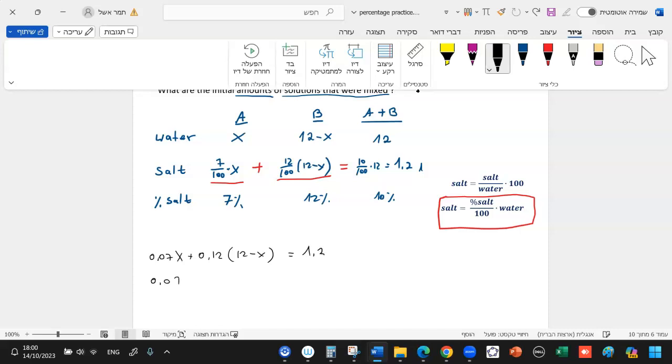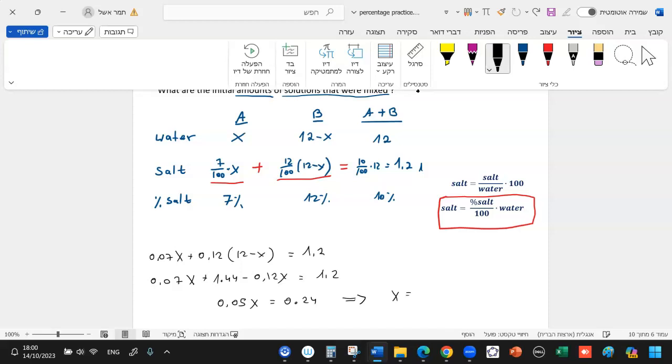Let's open brackets. 0.12 times 12 is 1.44 minus 0.12x is 1.2, and we can simplify and get that 0.05x equals 0.24.